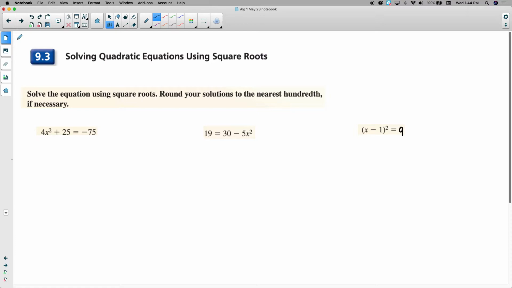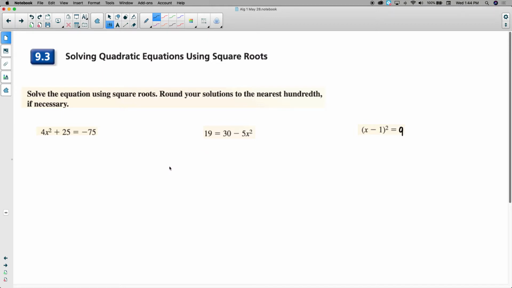And 9.3 is a method of solving a quadratic equation. The key thing on this section, though, is that the quadratic equation is missing the x term. So we can see that here, and we can see that on this one. There is no x term.